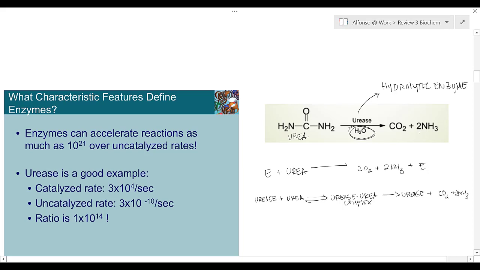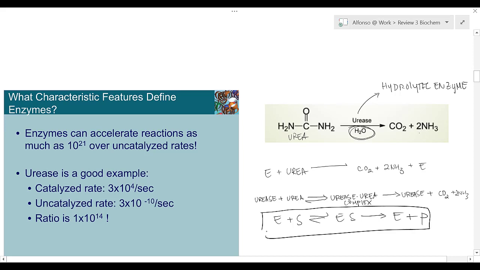Okay. And this is analogous to enzyme plus substrate forming the enzyme substrate complex, and then enzyme plus product. So like I said, this equation is very important and you should remember it.